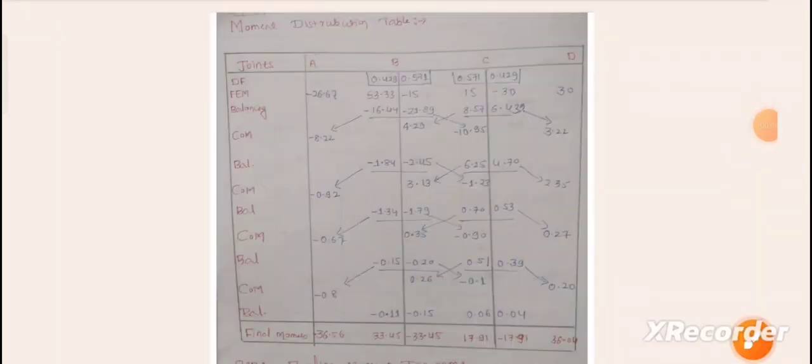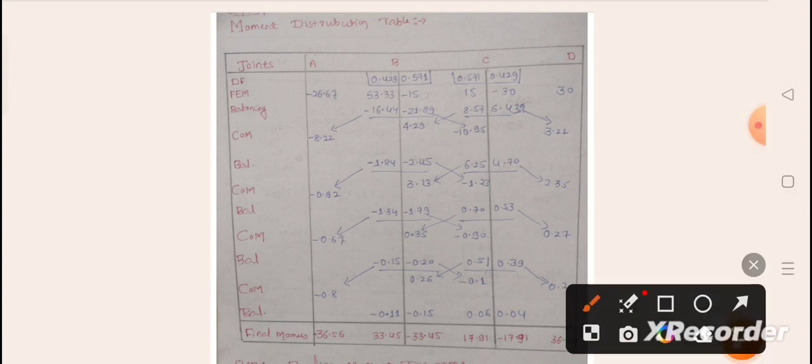In step number 1, the fixed end moment has been calculated. In step number 2, we calculated the distribution factor. After calculating the distribution factor, we have to prepare the moment distribution table.